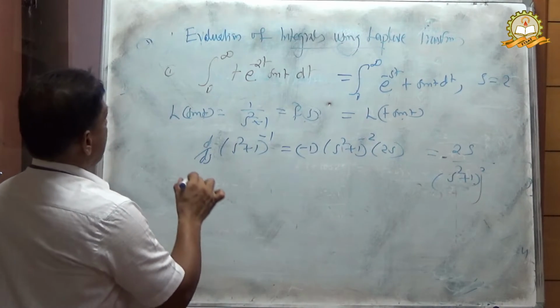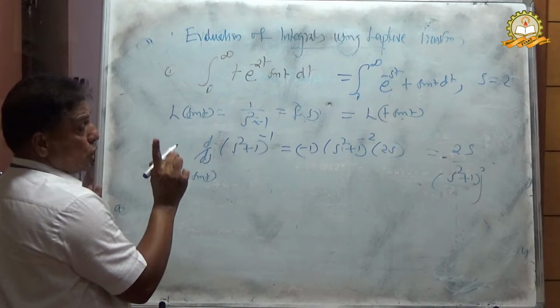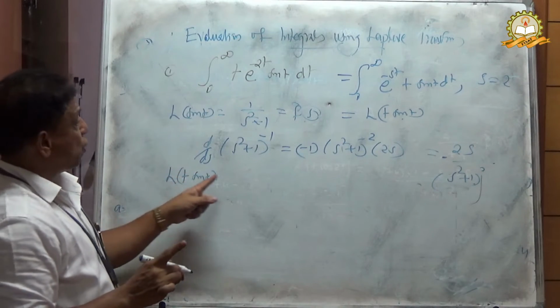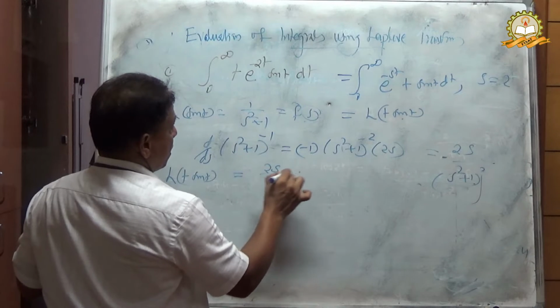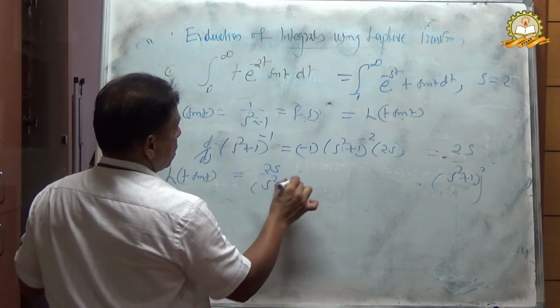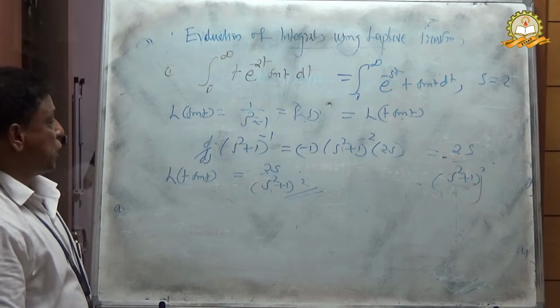Then for the Laplace transform of t sin t, the power of t is equal to 1, therefore it should be multiplied by minus. Therefore, L of t sin t is 2s divided by (s square plus 1) the whole square.